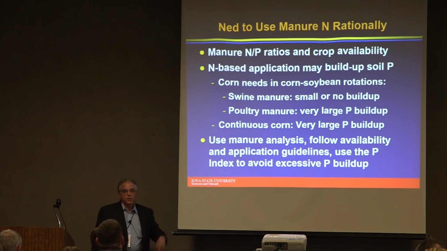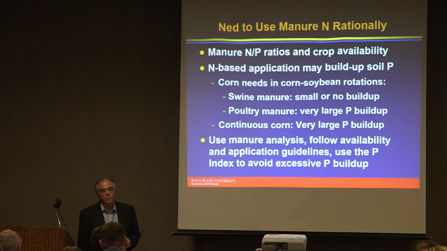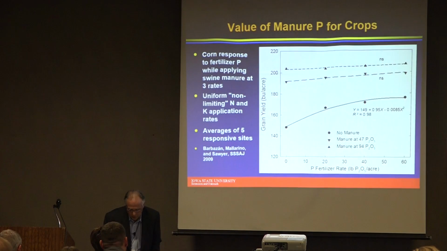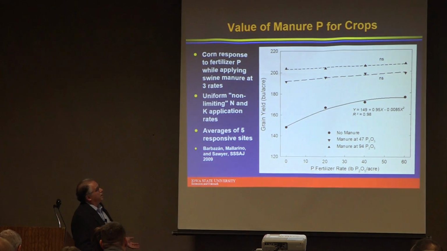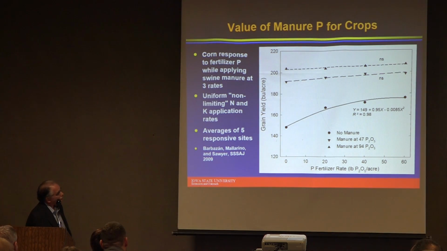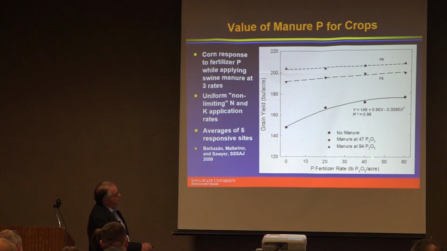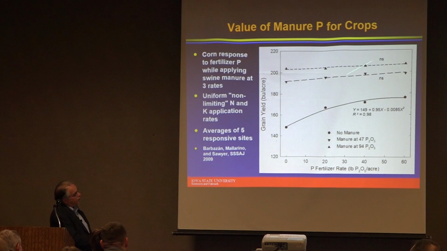This is also precision management, not just the GPS stuff or the beautiful maps that everybody likes and loves. And we have the data. This is just an example we did years ago with soil. We published this. These are averages for some responsive sites, where we have different phosphorus fertilizer rates for corn without manure or after applying manure at different rates.